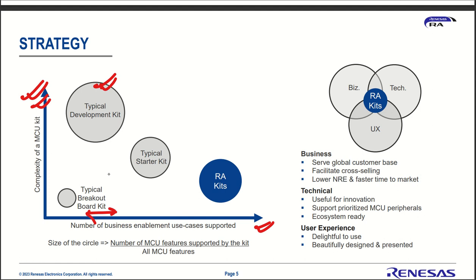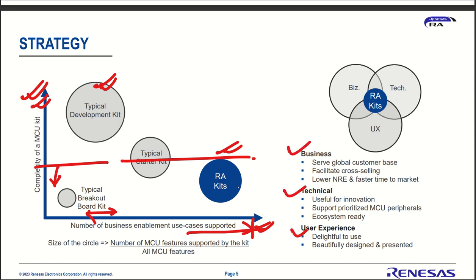However, if you compare, this RA kit is going to be much less complex, up to this, and it is going to give you a huge number of business cases, or development activities or strategies that you can support. Got it? So in terms of business, technical, and user experience, this RA kit is going to be one of the best choices. All right.